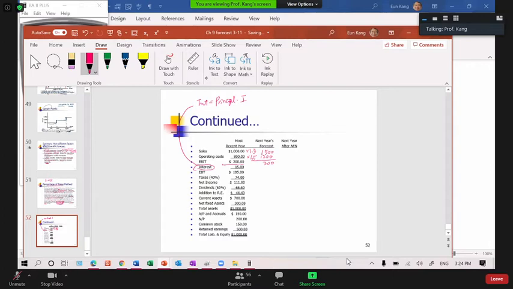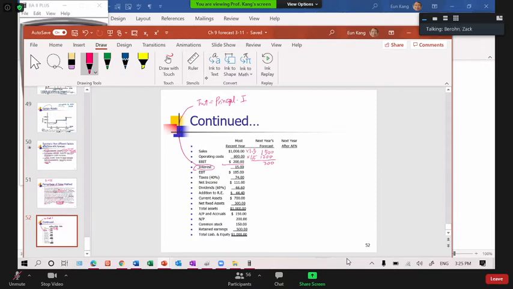That's my hint. Then what is the principal here? 1,000 is sales. You didn't borrow money. Sales is what you sold, not borrowing. Principal is how much you borrow, right?